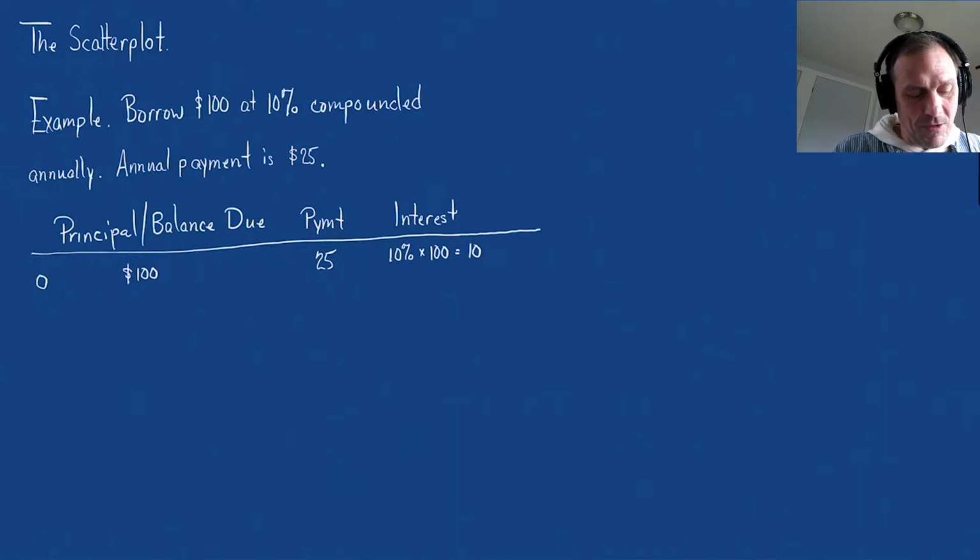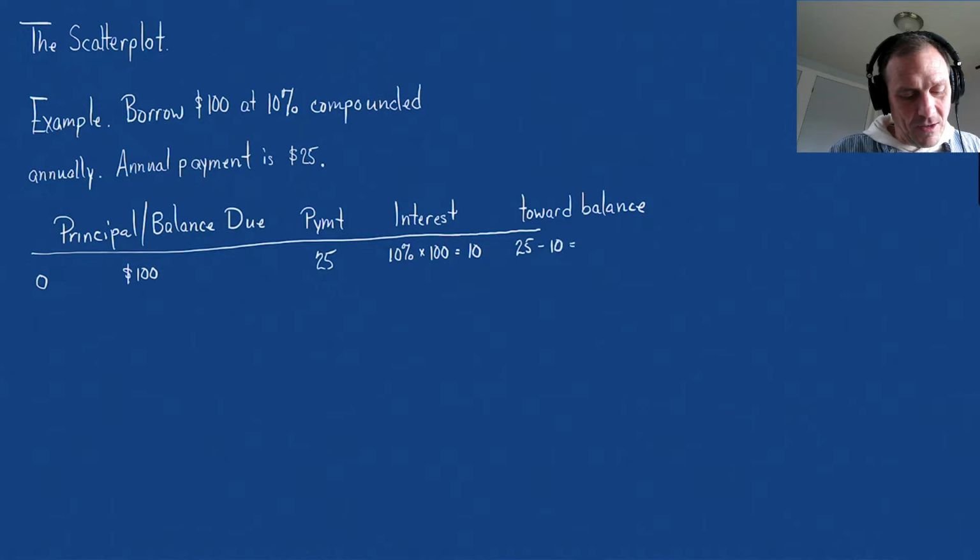And if we take 25 and subtract 10, then this is toward the principal, or toward the balance. We would say 25 minus the 10, so this is going to be $15. That $15 lowers what we owe.